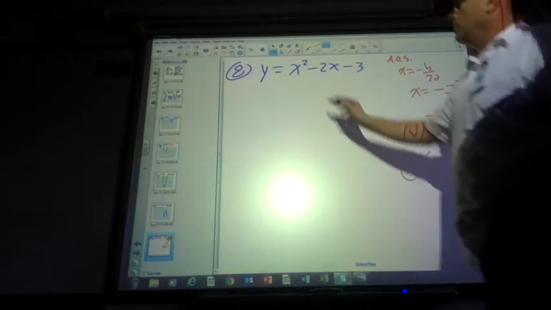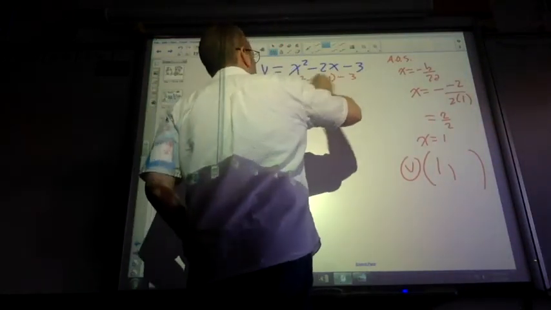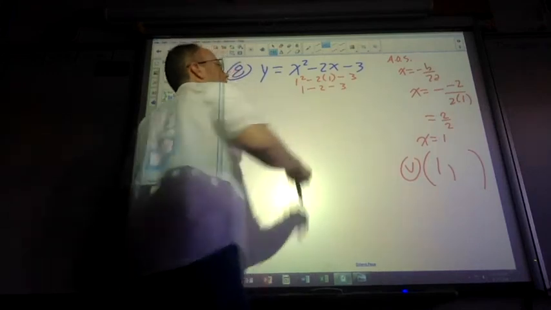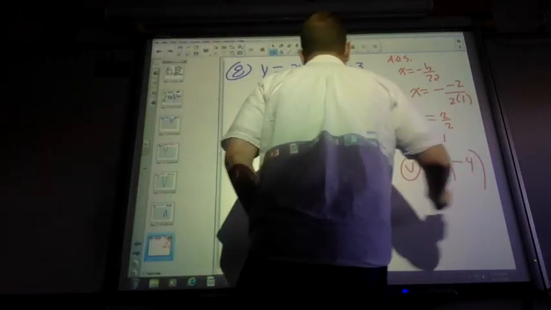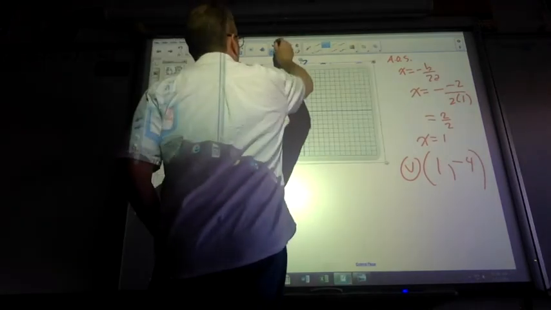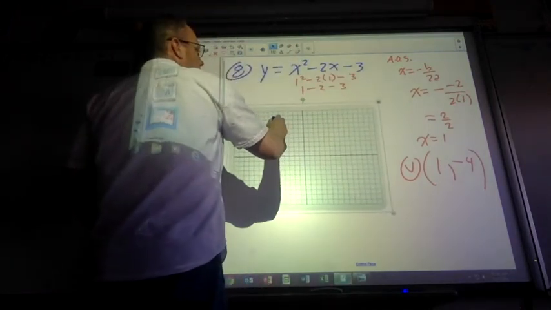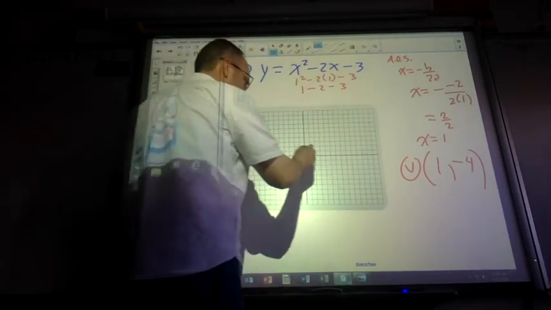I'm going to take the x component of my vertex and plug it in. So 1 squared minus 2 times 1 minus 3. So I get 1 minus 2 minus 3. Negative 4? Yeah. All right, let's get a grid up there. 1, 3, 5 works. All right, 1, negative 4.